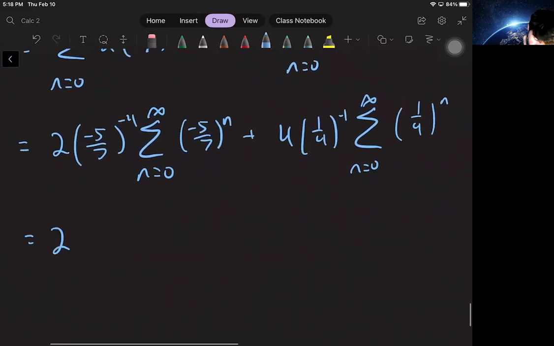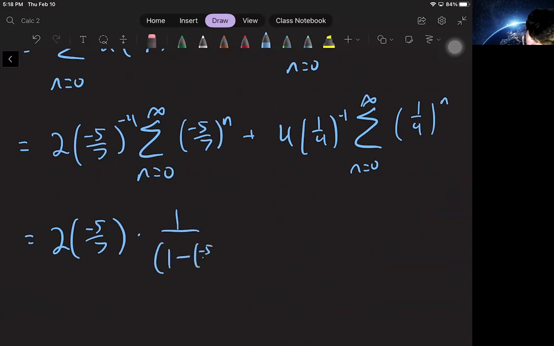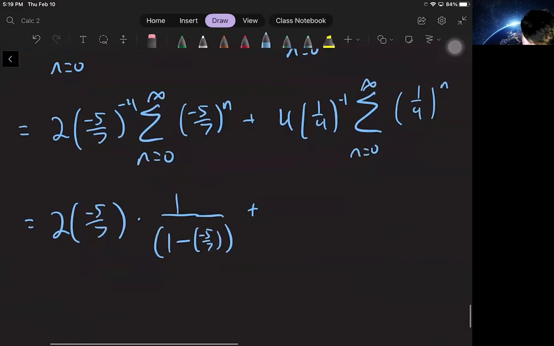So now, because I have my geometric series in the right form, I can use my 1/(1 minus r) formula to finish the problem and say that it converges to this.